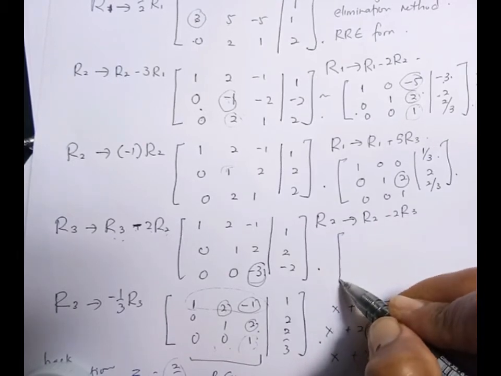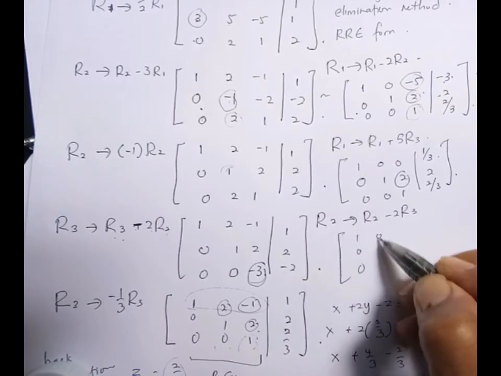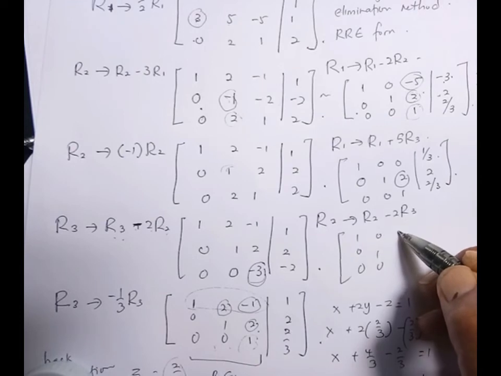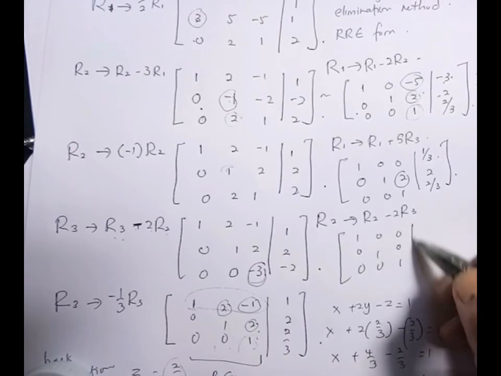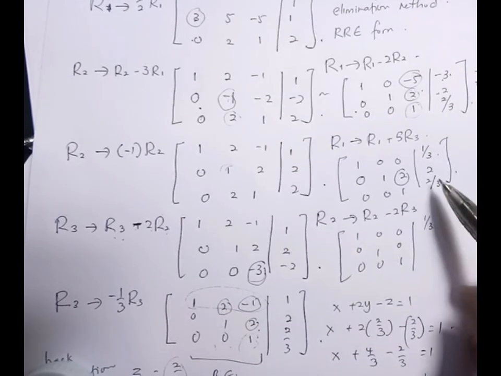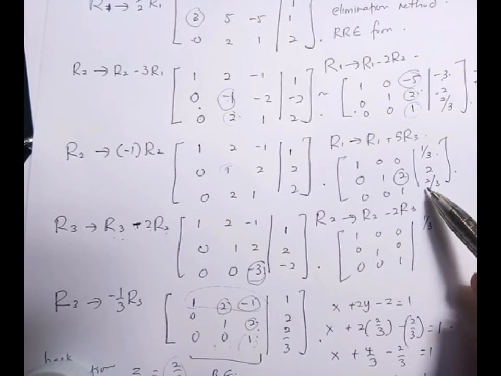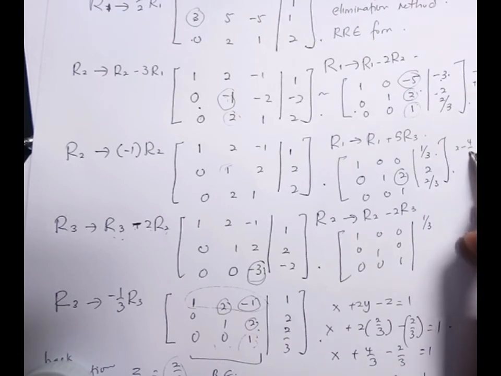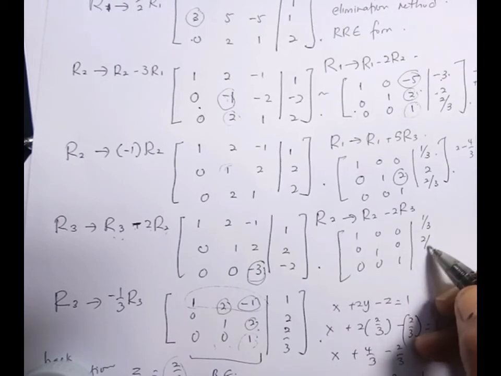So we have 1, 0, 0, 0, 1, 0, 0, 0, 1, 1 over 3, and this is 2 minus 4 over 3, which is 2 over 3 here, and 2 over 3 here.